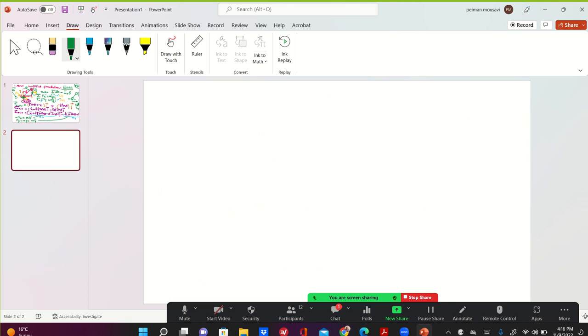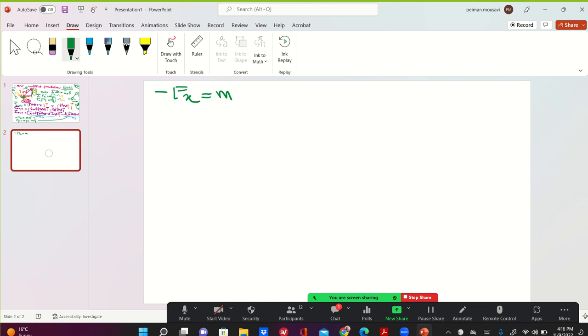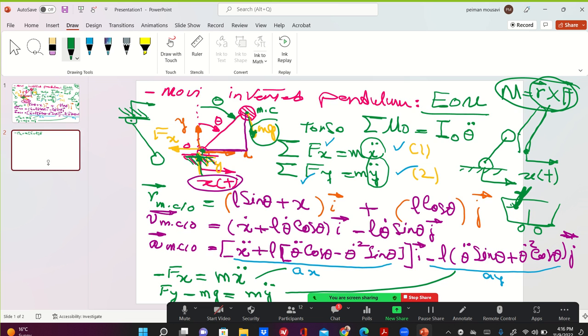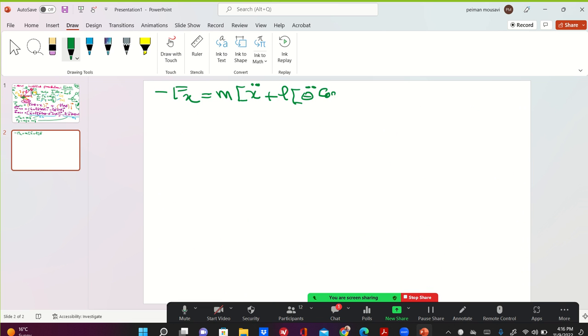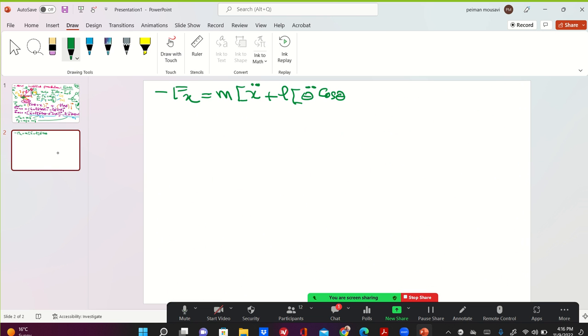Minus Fx was m times the acceleration in the x direction. So this is x double dot plus L theta double dot cosine theta minus theta dot squared sine theta.